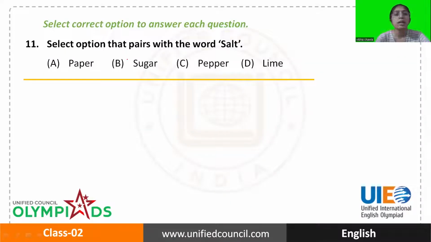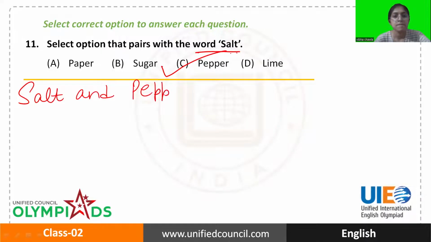Select the option that pairs with the word salt. It is salt and pepper. Okay, the pair is of salt and pepper. These are the condiments that we use for seasoning, right? For seasoning food.